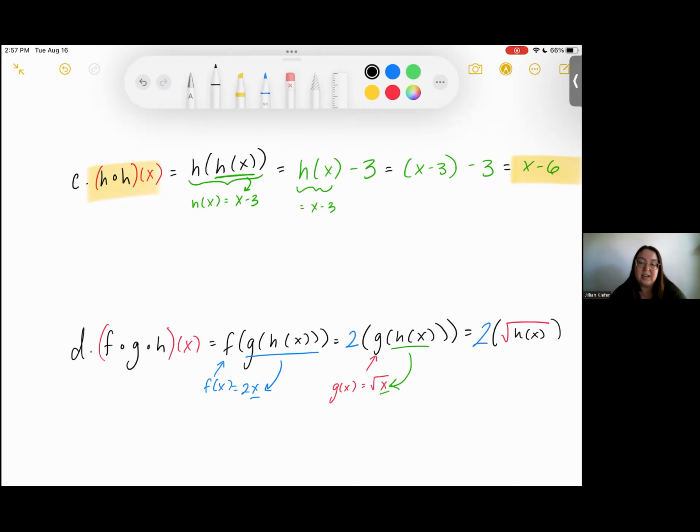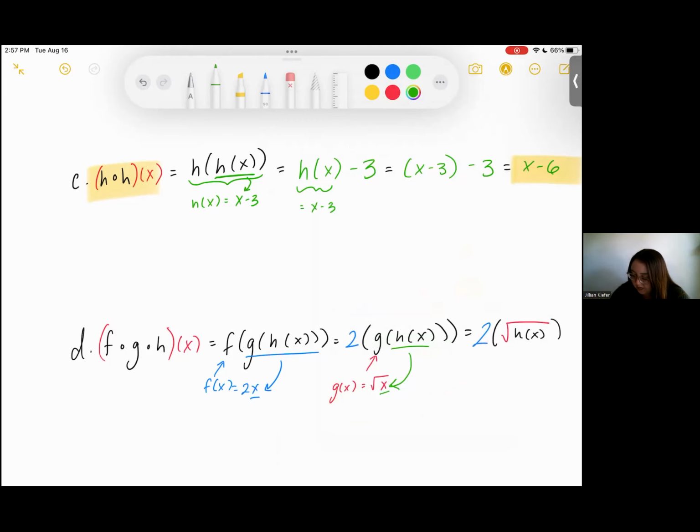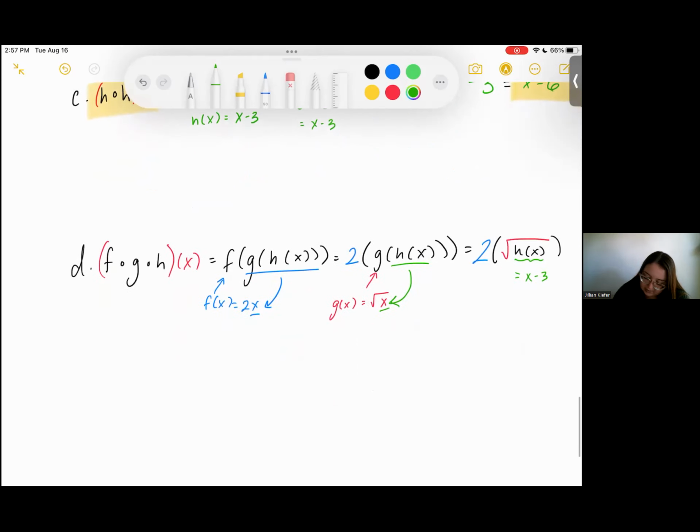So this is what we're looking at now. We replace the x with h of x instead. And now we know what h of x is. It's x minus 3. So we're going to do that last replacement there.